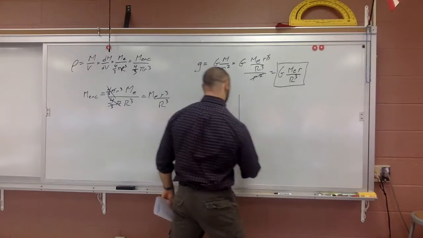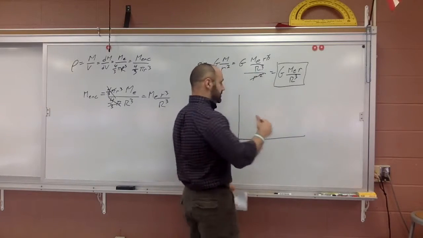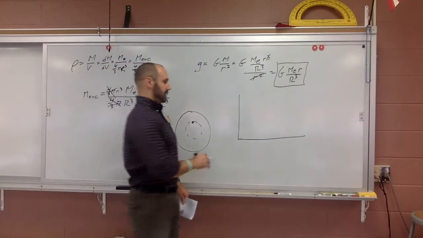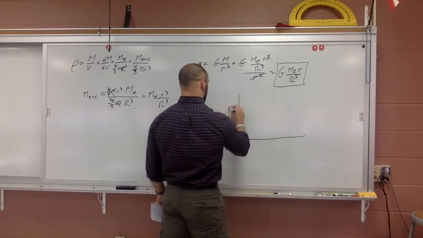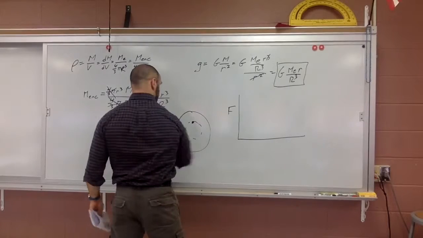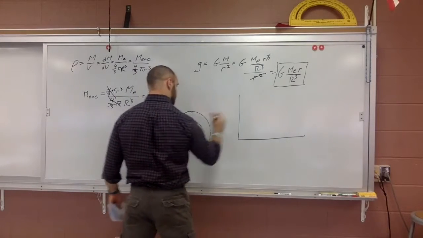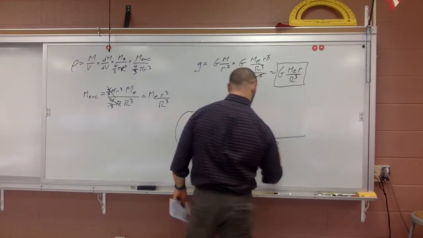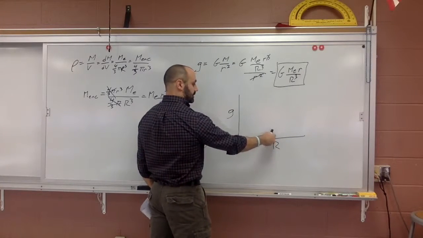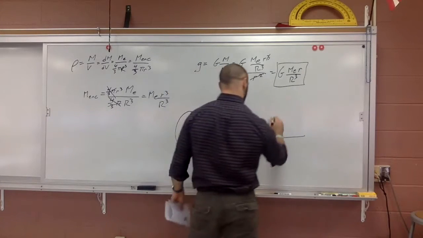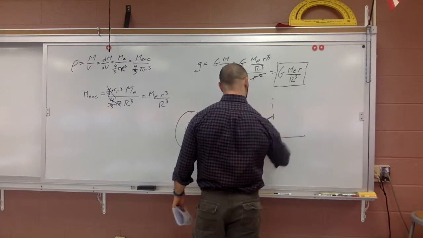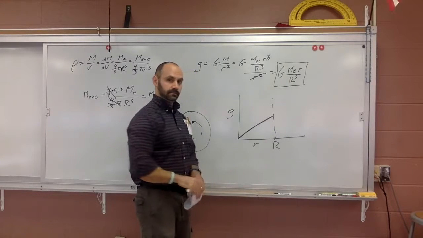If we had a graph inside of a solid spherical body, the gravitational field, lowercase g, and this was the radius, and this was big R, the fixed radius of the thing, that would go out. This looks like this.